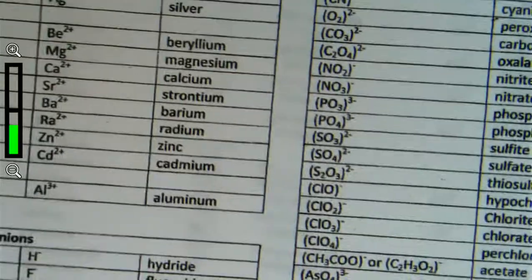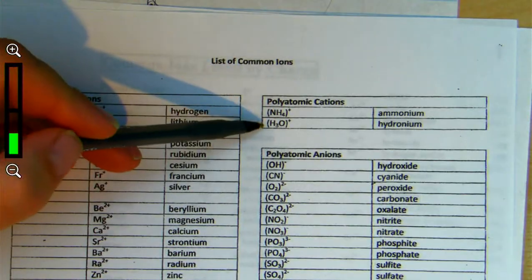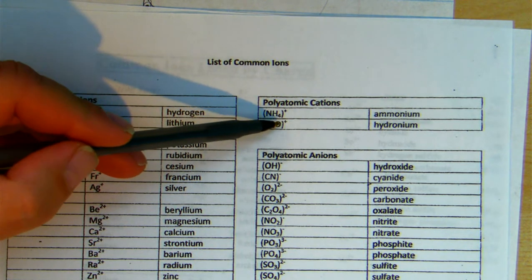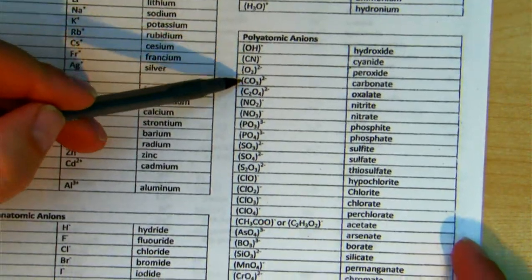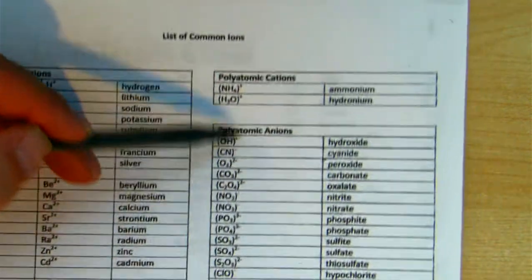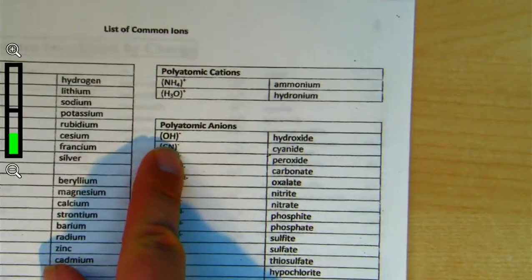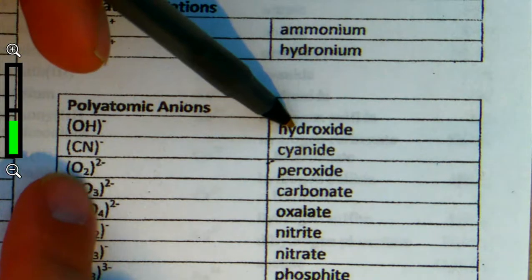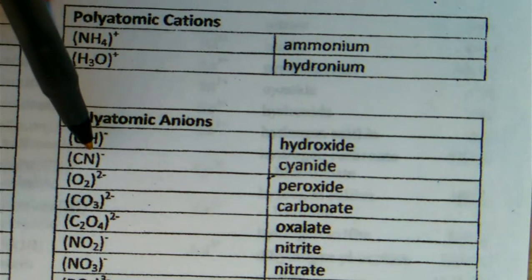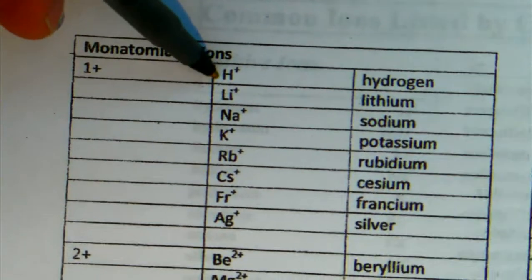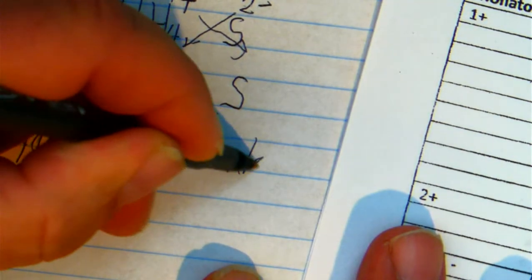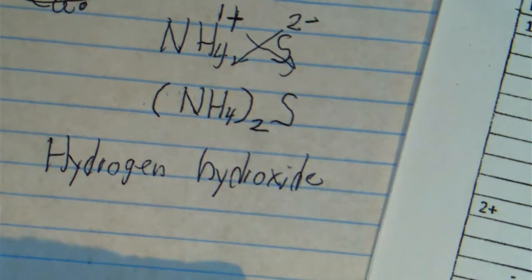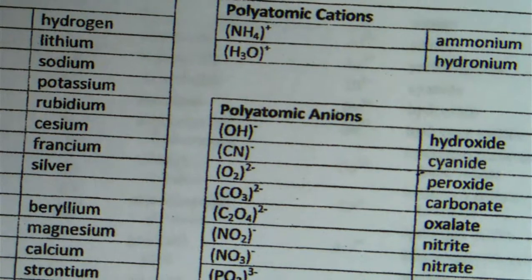All right, back to this list. Hydronium is H3O with a +1 charge. Here are polyatomic anions. OH is hydroxide in name. If I combine that with monatomic hydrogen, I could call it hydrogen hydroxide.